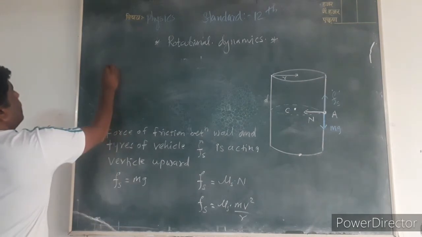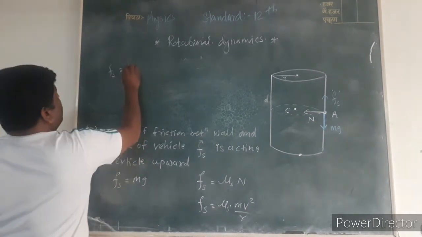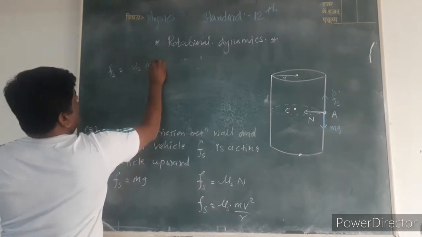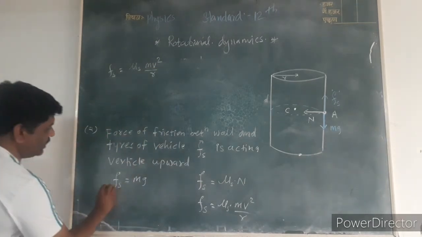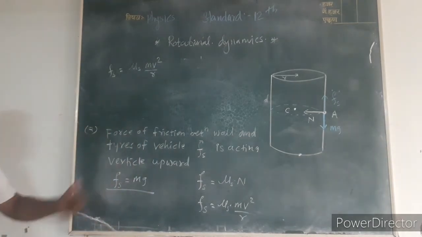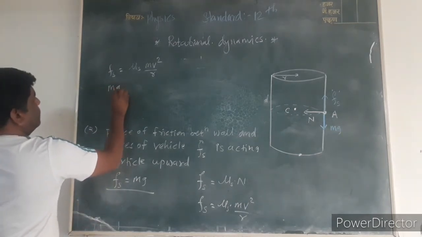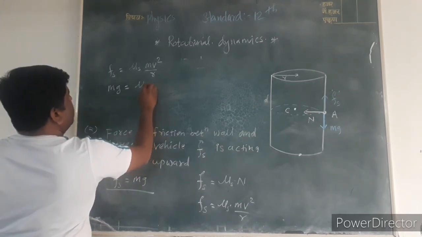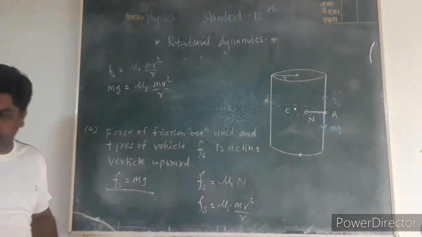Now from this equation Fs is equal to mg. Therefore mg is equal to mu s mv square upon r.